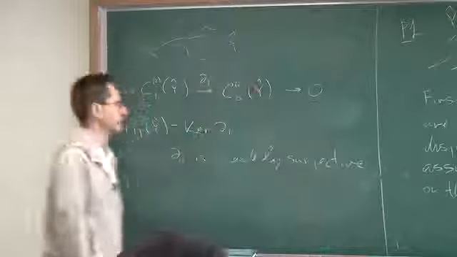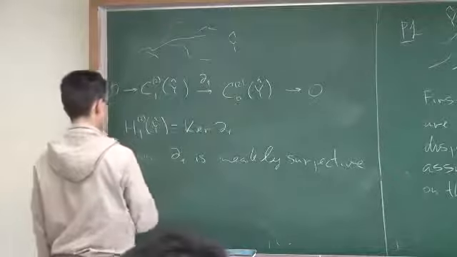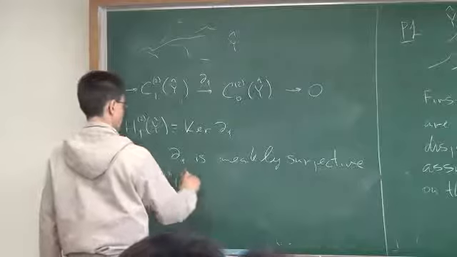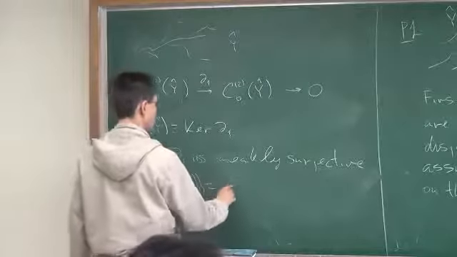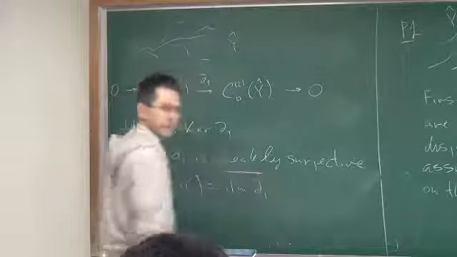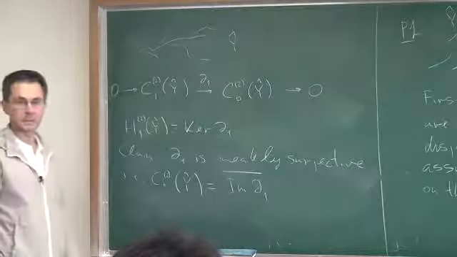And that means that the closure of the image is this whole space. So i.e. C0^(2) of y hat is equal to the closure of the image of D1. That's the claim. How do you prove this? We did this last time again.